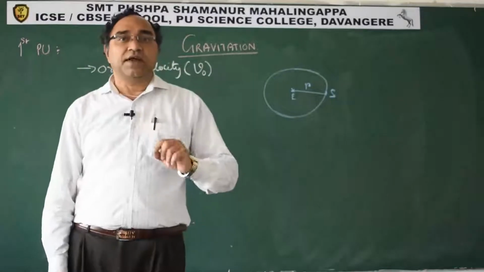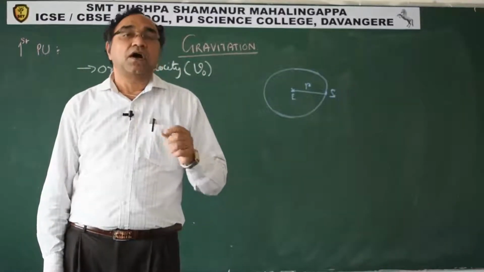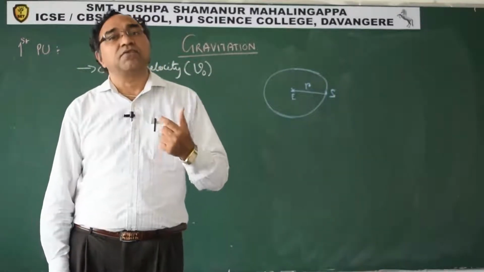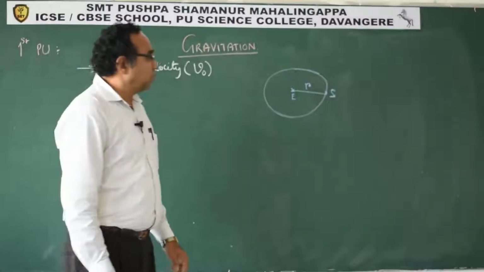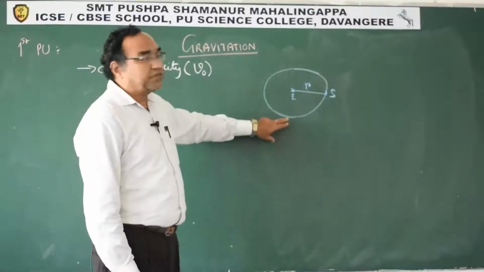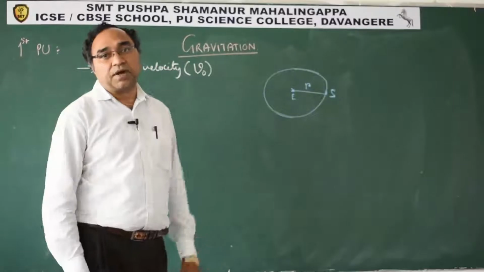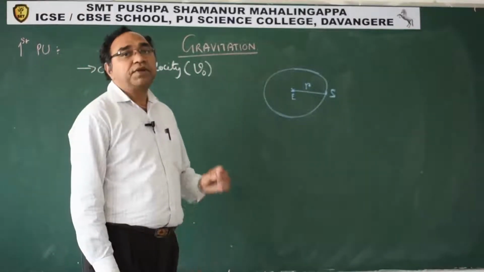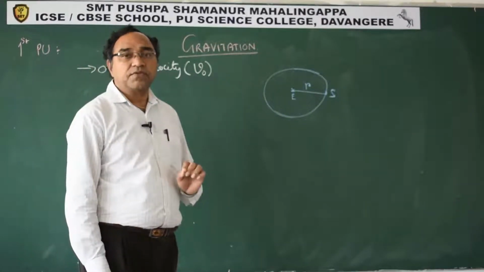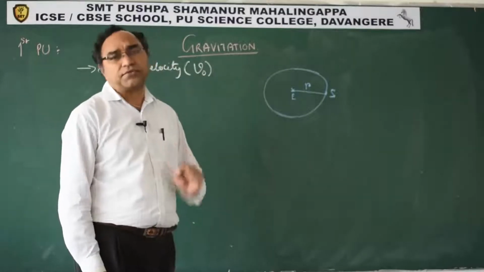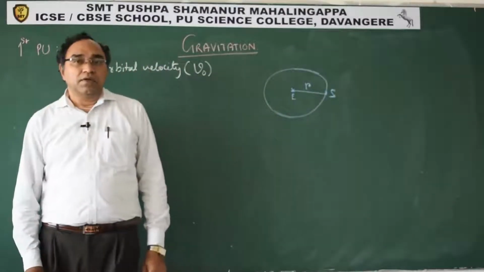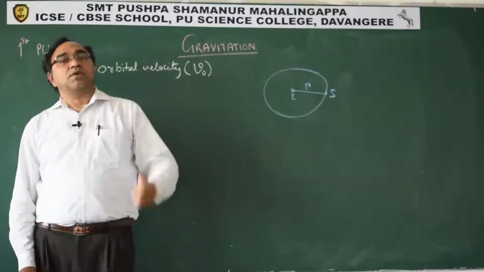To estimate that, we have to understand how exactly that satellite is revolving in its orbit. Please observe, the satellite is revolving in, let us say, a circular path. If it is revolving in a circular path, there has to be a centripetal force, because I think you have done circular motion.